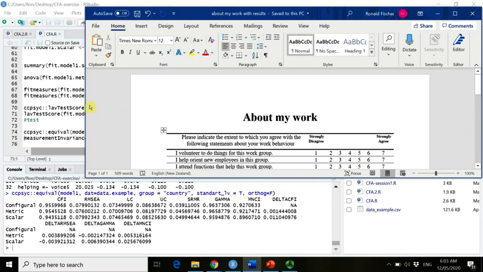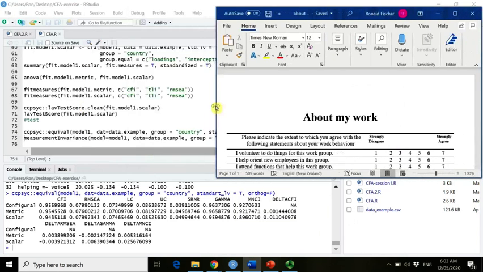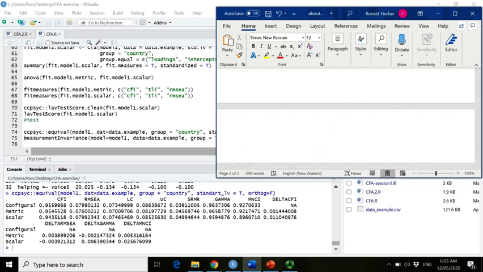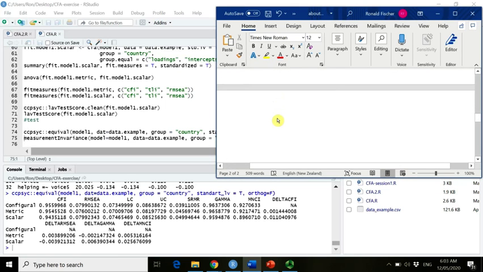So if I go back here to my little output that I started creating, we tested a multi-group CFA model to test the measurement properties.